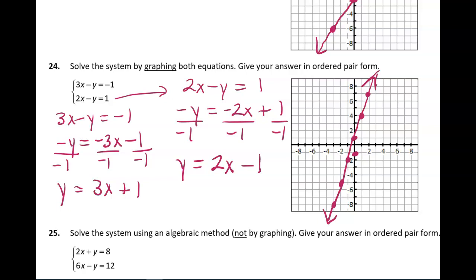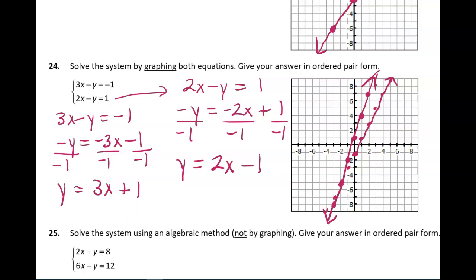So that's up 2 over 1. Looks like we're getting farther away from the other line over in that direction. So down 2 and left 1.